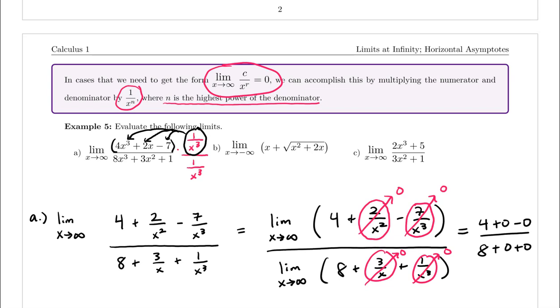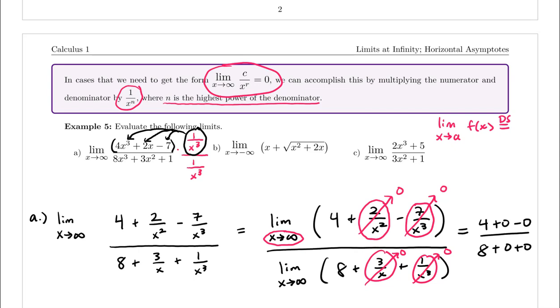Now, if you're one of my calculus students, I want to emphasize that we're not using direct substitution here, because the way that direct substitution works is if we're taking the limit as x approaches a number, we're able to plug that number into the function. In other words, remember that direct substitution is the limit as x approaches a of f of x.